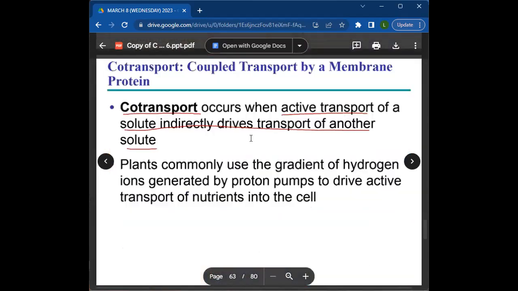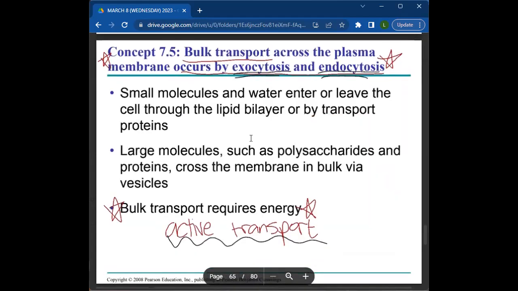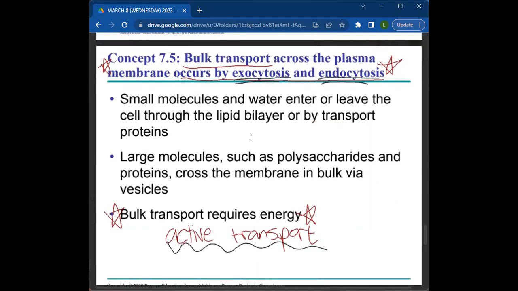Right. The last type of active transport that we need to know about is called bulk transport. So bulk transport is for large molecules. Everything we've talked about so far has been really small: ions, water, even glucose is considered small. But things that are super large, like large proteins, amino acids, large carbohydrates, they're not going to be able to fit through a tiny microscopic protein.